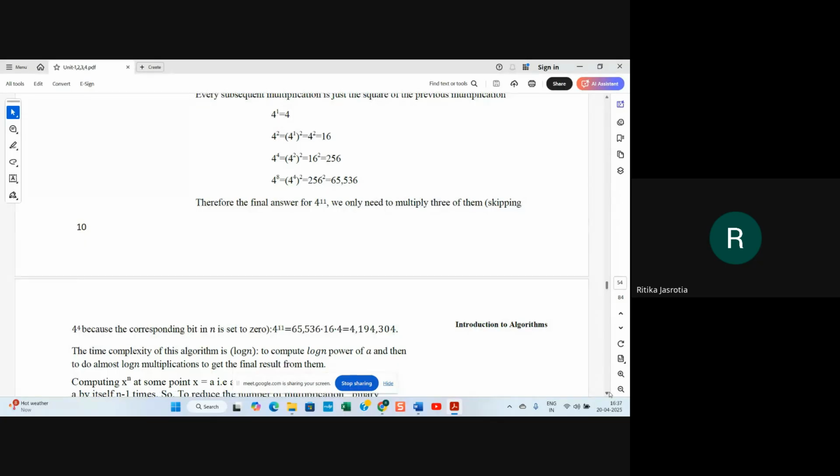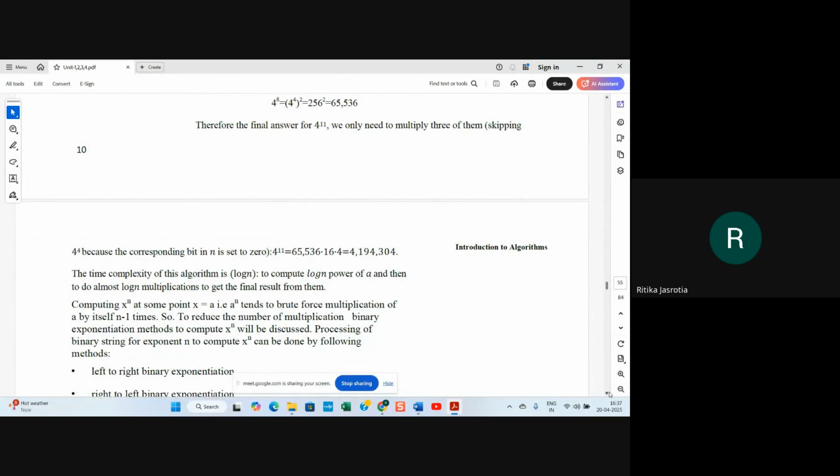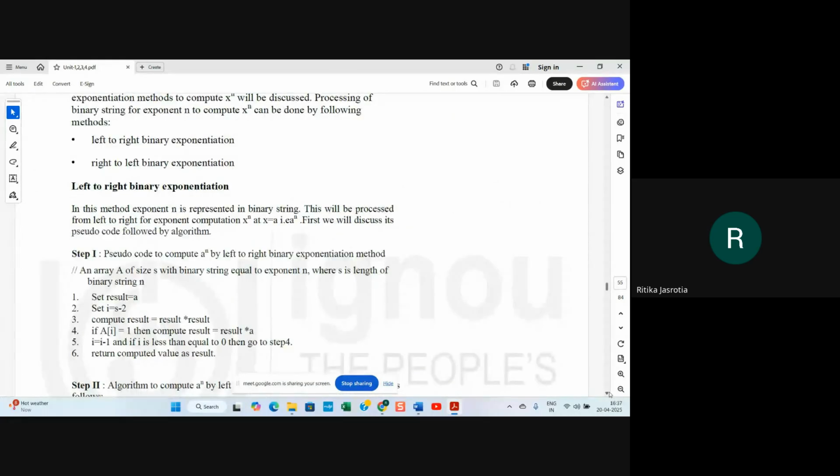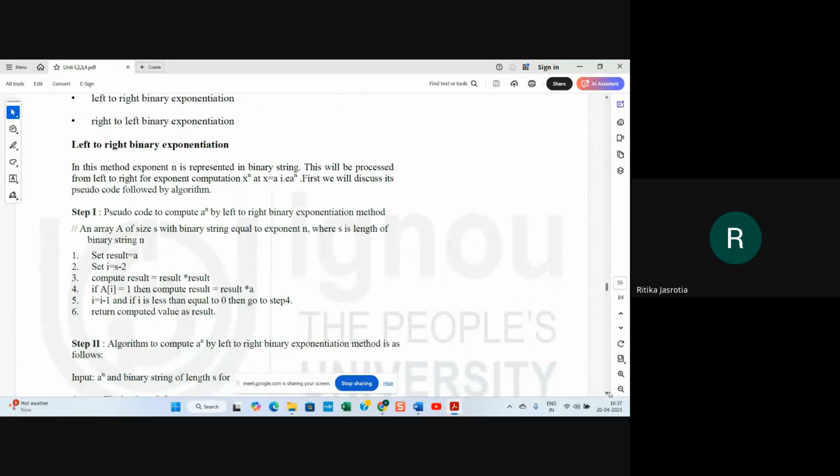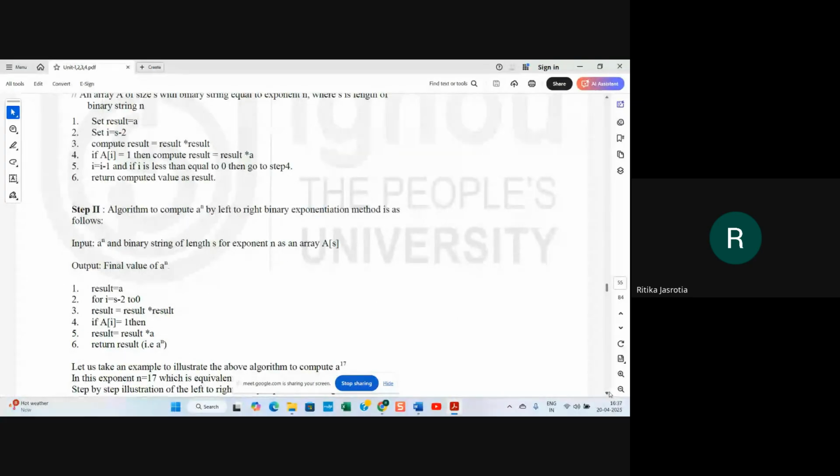So the time complexity of this algorithm is log n, to compute log n powers of a, and then to do at most log n multiplications to get the final result. So they are saying that for these kinds of exponentiation calculations, it is always log n complexity.